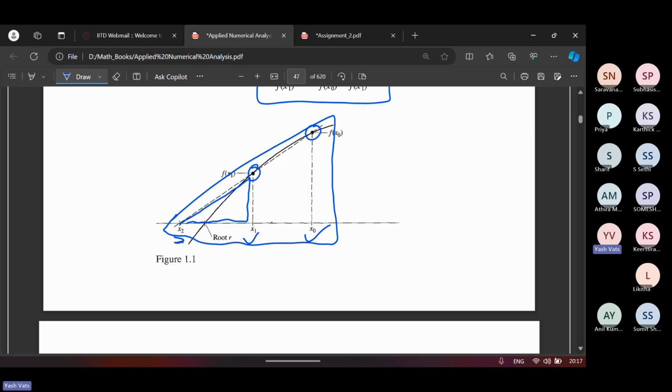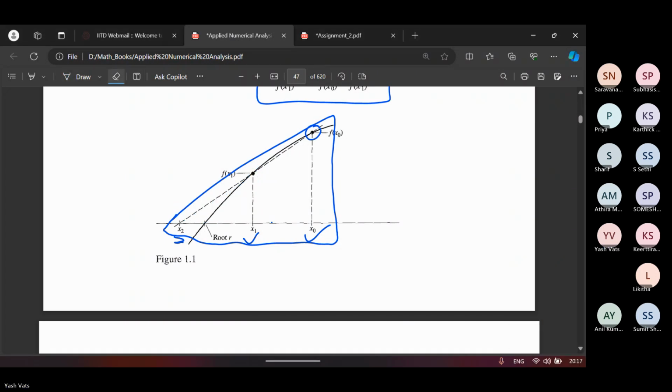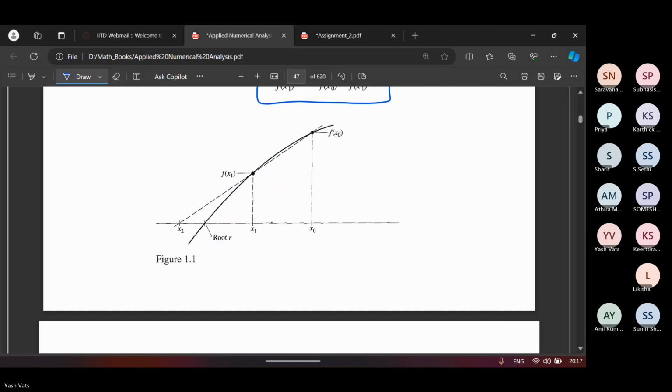So how do you find the next root graphically? Can you explain? So here is x2. So you start with f of x1, f of x2, and you pass a line through them.